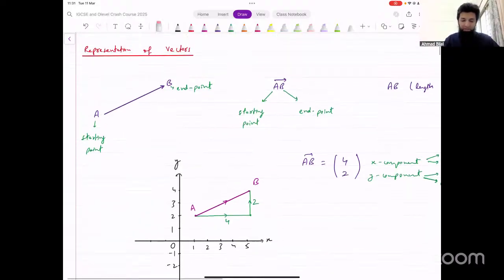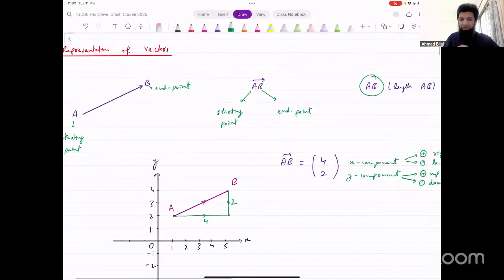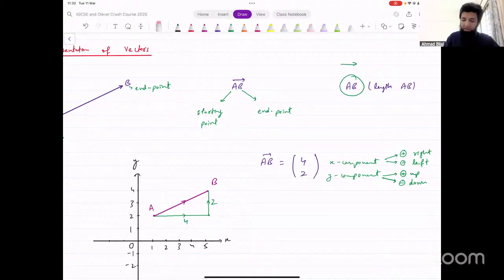How do we represent vectors? There are different ways to represent vectors. One is using this arrow diagram. This represents the vector AB. A is the starting point and B is the end point. You can also represent the vector like this, AB vector, where A is the starting point, B is the end point. Remember, this arrow on top in this representation is important, because if you just write AB without that arrow on top, that does not represent vector AB, that just represents the length AB.